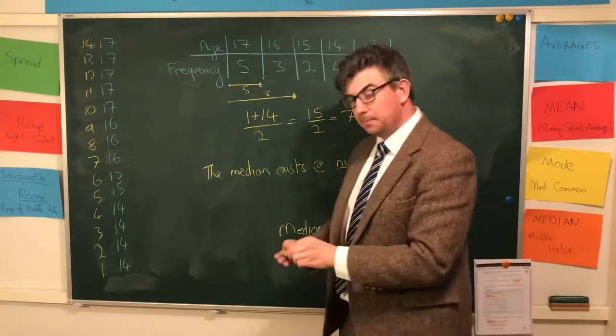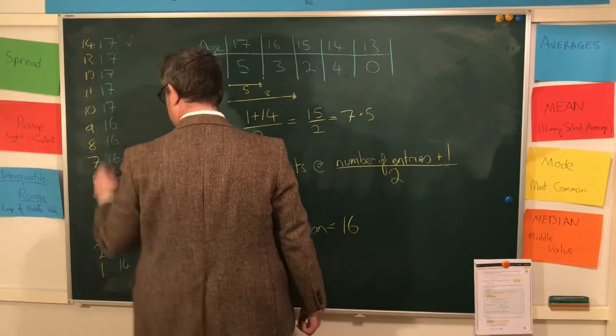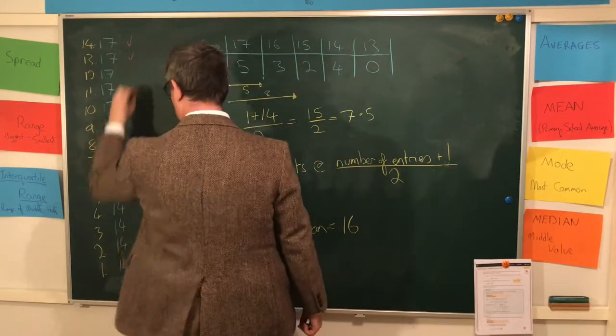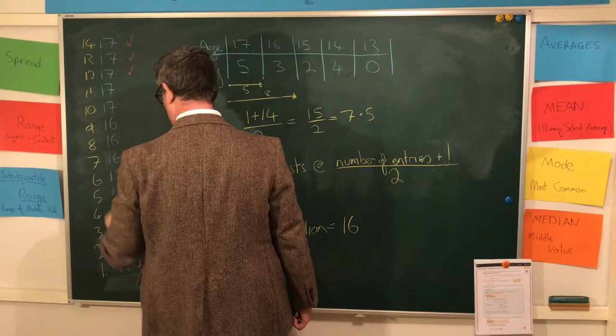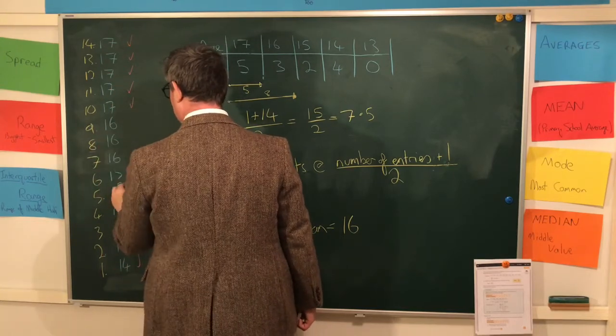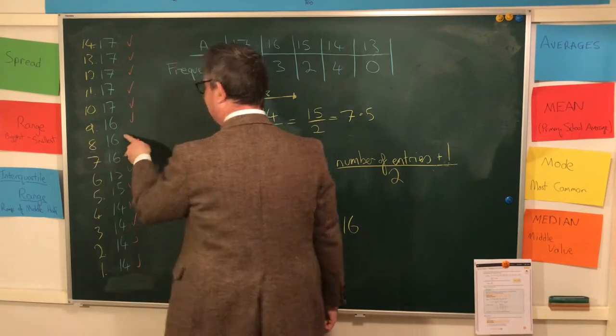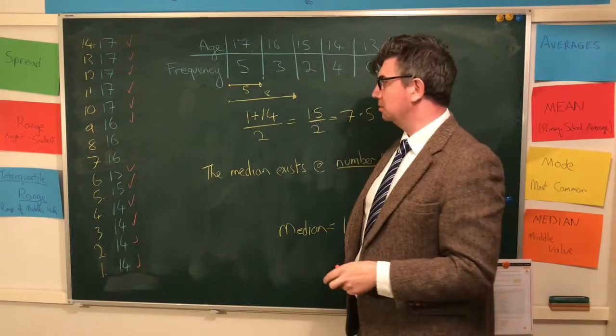So let's go ticking. Let's tick this guy off with this guy, this guy with this guy, this guy with this guy, and so on. We're left with 2 in the middle. So what do we do?